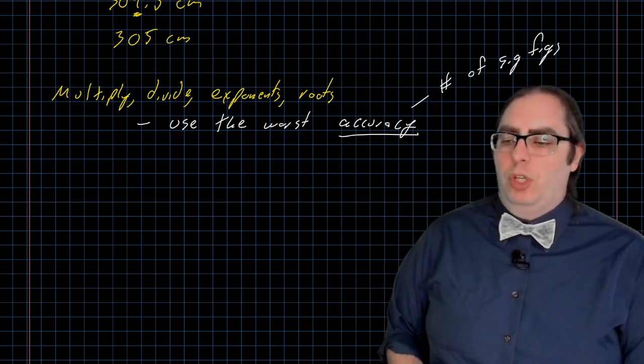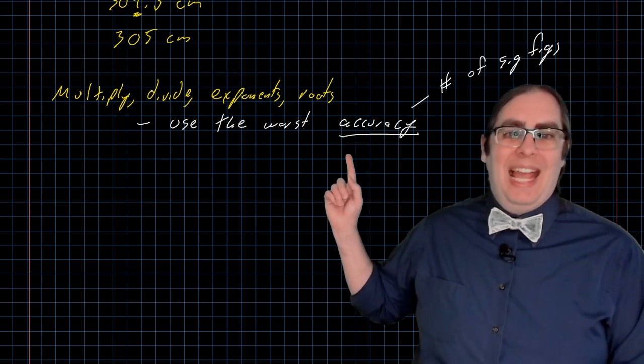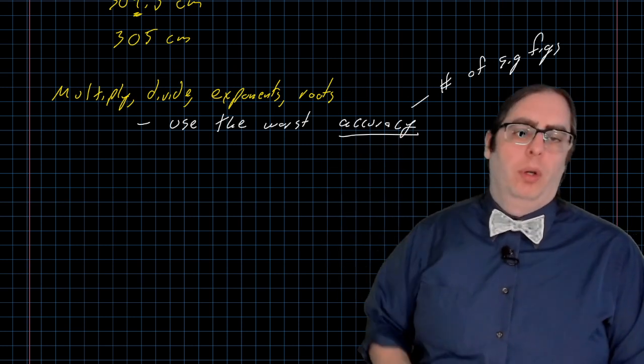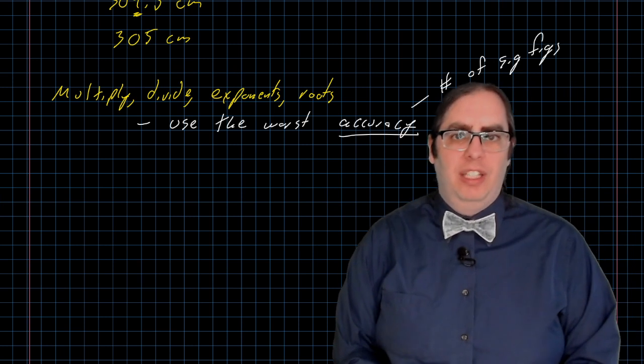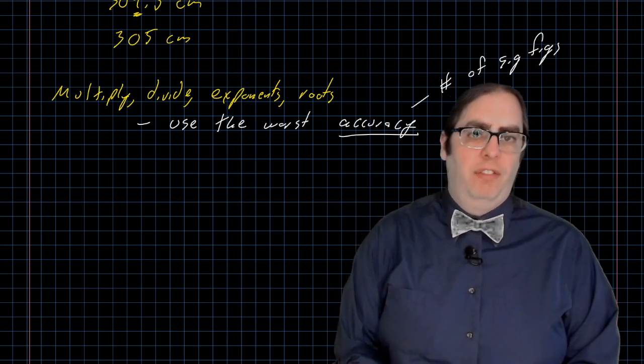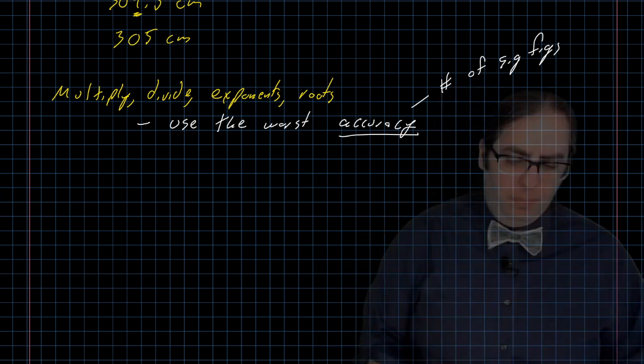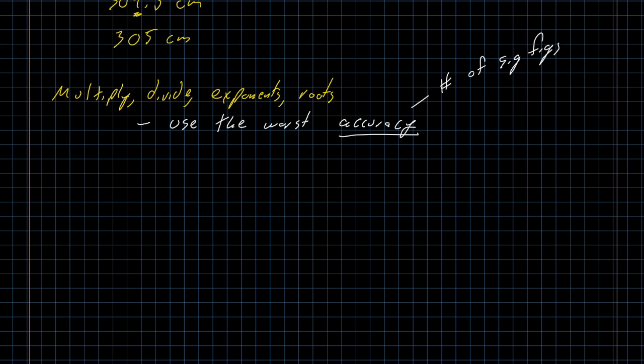Something else we're going to turn to is what we call the accuracy of the number, or more practically, the number of significant digits, the number of sig figs in that value. So let's say I want to multiply 307.6 centimeters by 0.015 centimeters.